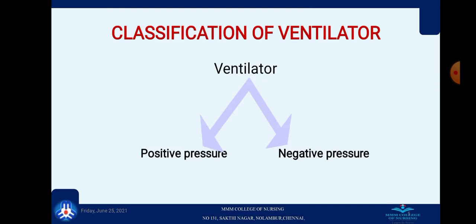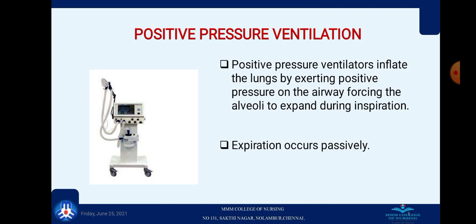Some of the classification of ventilator. Ventilators are divided into two: positive pressure and negative pressure. What is positive pressure ventilation? Positive pressure ventilators inflate the lungs by exerting positive pressure on the airway, forcing the alveoli to expand during inspiration, and expiration occurs passively.